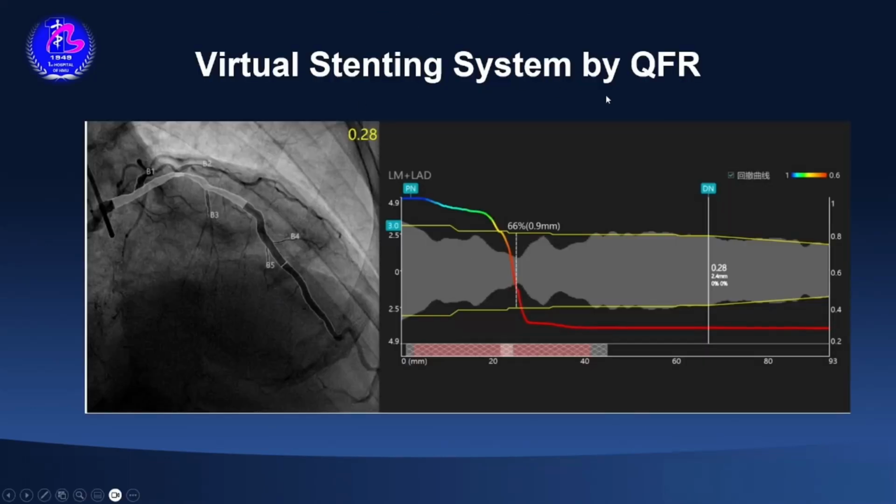Next. The virtual stenting technique simulates the effect of stent implantation in selected segments using the predicted value of QFR. By using the QFR-based virtual stenting technique, the QFR of the LAD may be increased from 0.28 to 1.0.